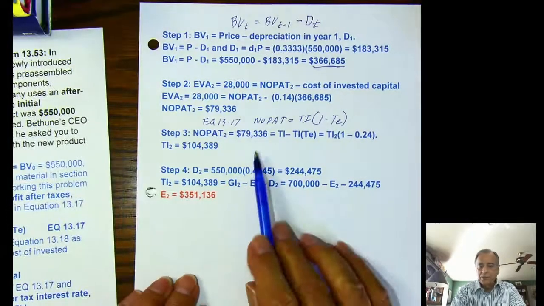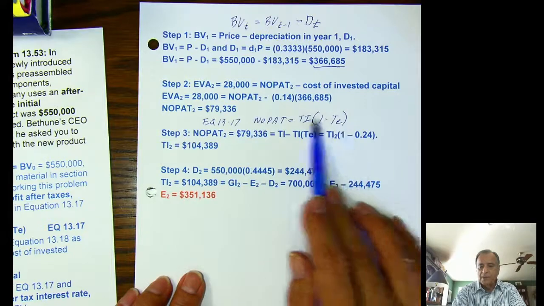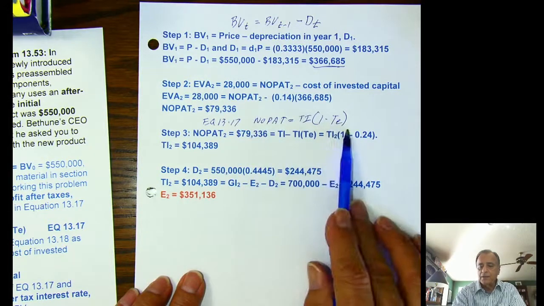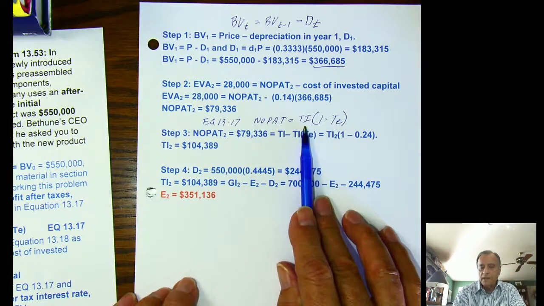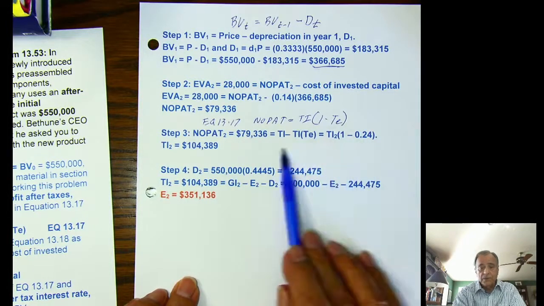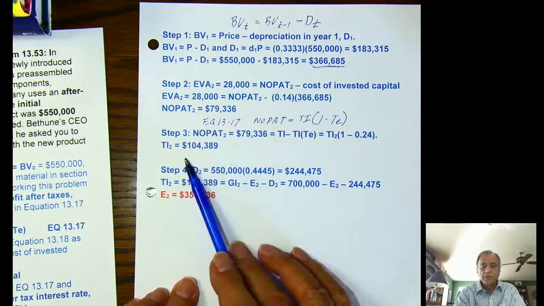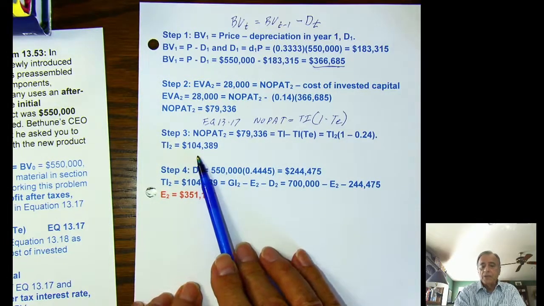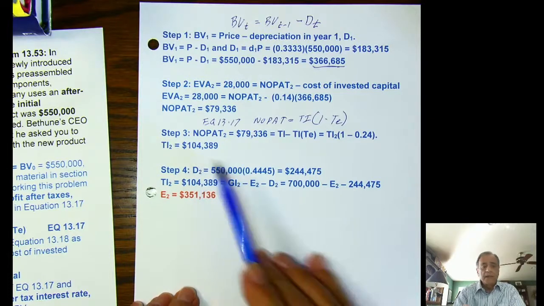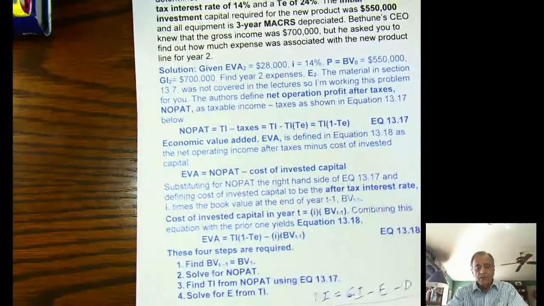Now we know what NOPAT is, and we know what the tax rate is, so all we have to do is solve that equation for TI, which is taxable income. And that's in year 2, of course, and this is the NOPAT in year 2. So we solve for taxable income. We ended up with $104,389.